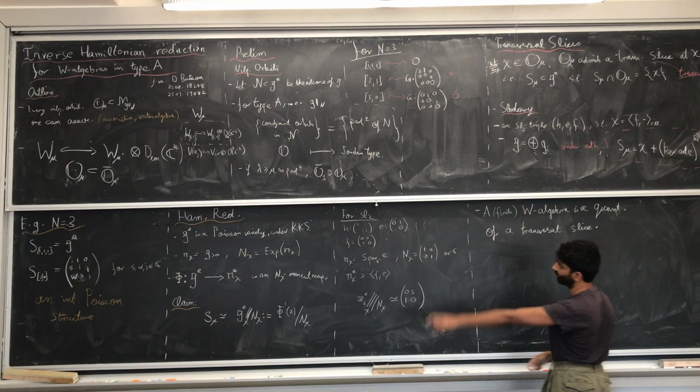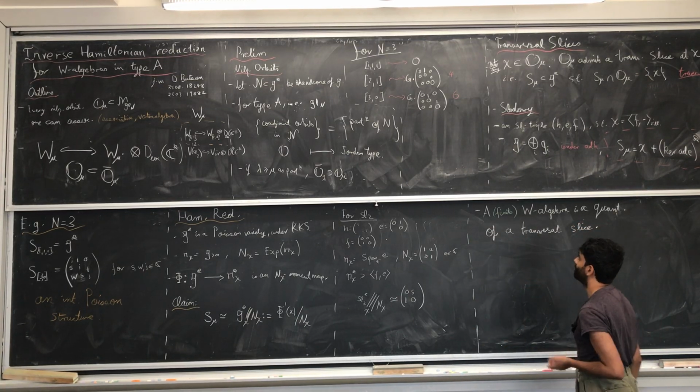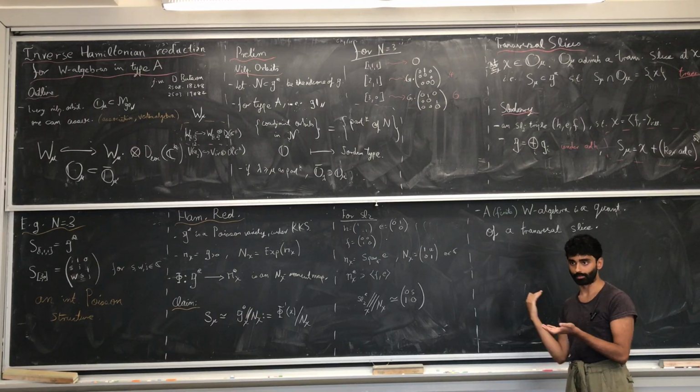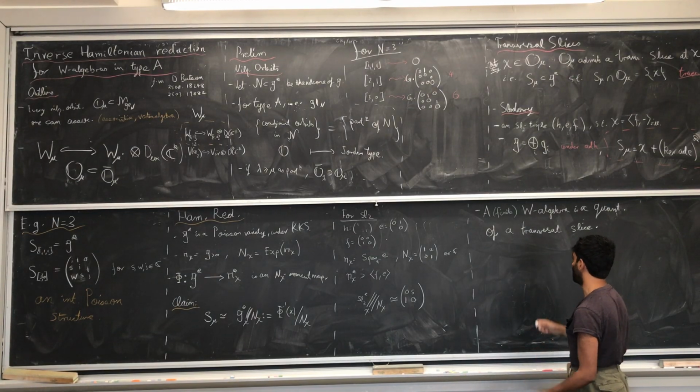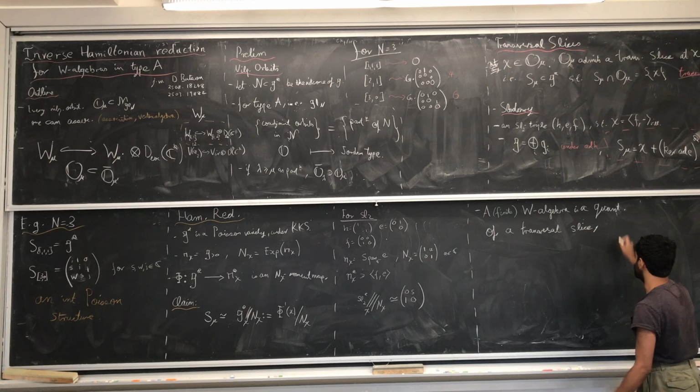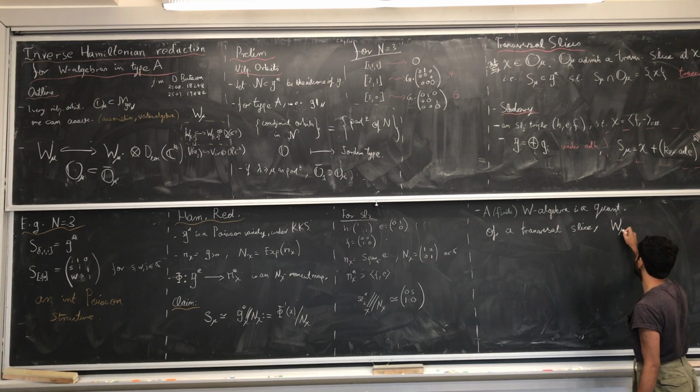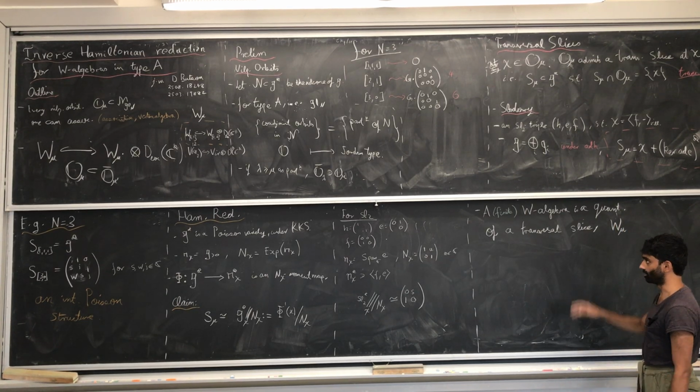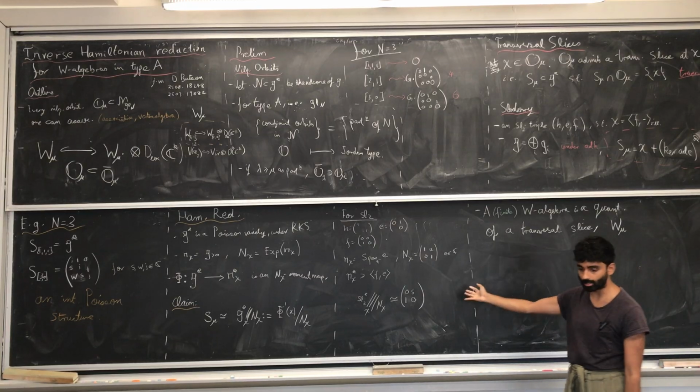So hence the convention at the very beginning, for every orbit, I have a transversal slice, and so I have a W mu in each nilpotent orbit, which is a quantization of the slice S mu.